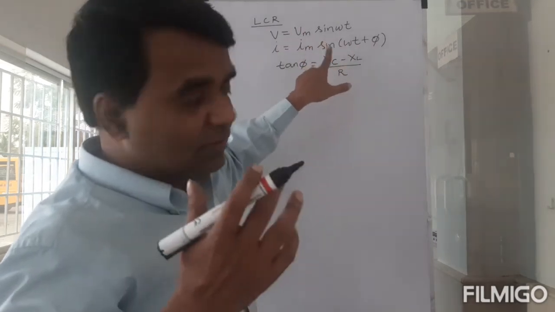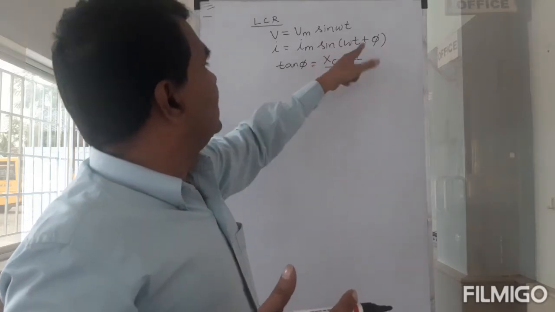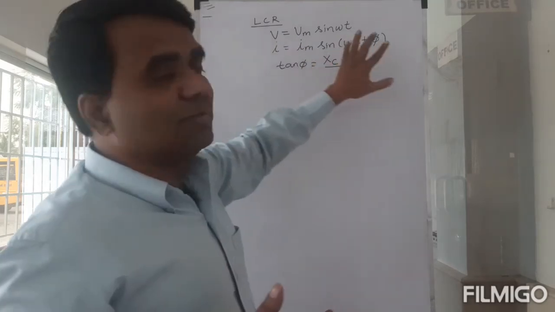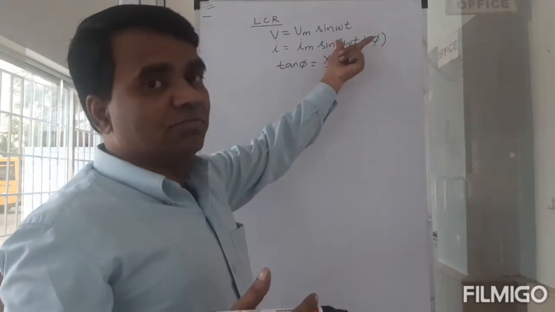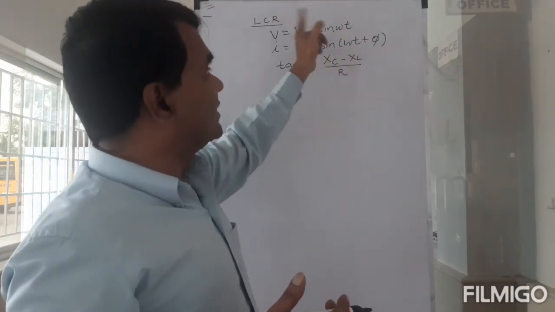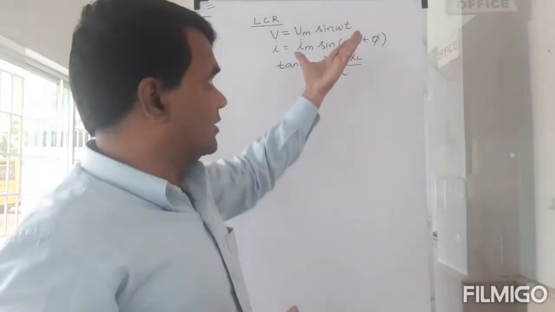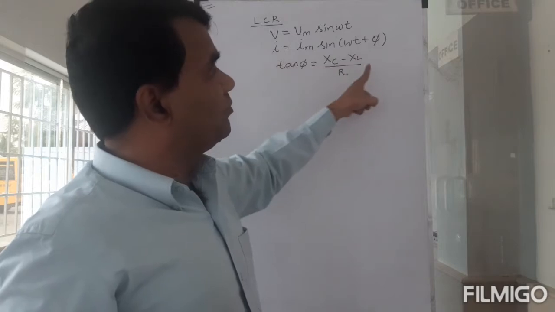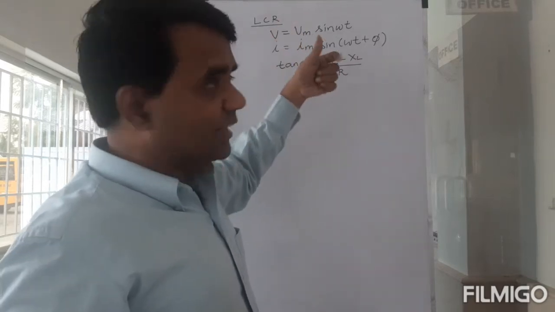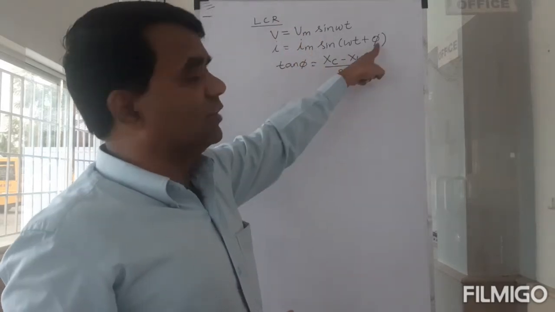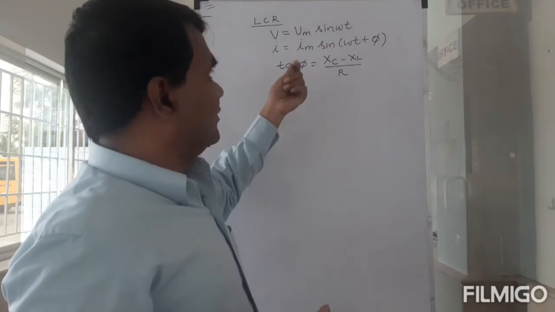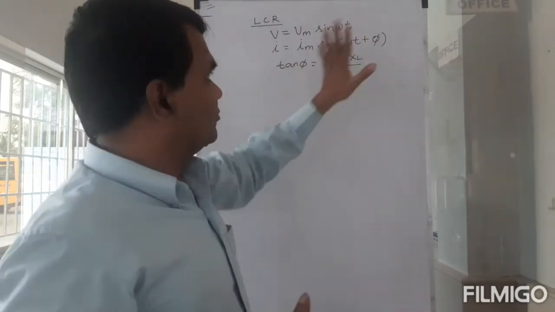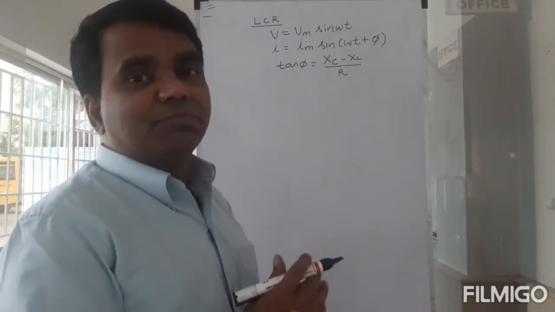So even for a capacitive circuit, the condition that the current must lead the voltage will be satisfied. So there is one single equation which will work for both the net inductive and the net capacitive circuit, because we have defined tan phi like this. If it is a net inductive circuit, this will give you a negative value which you can substitute there, and if it is a net capacitive circuit, this will give you a positive value which you can substitute again there. So this will be taken care of automatically.